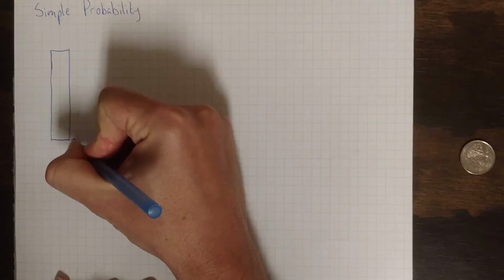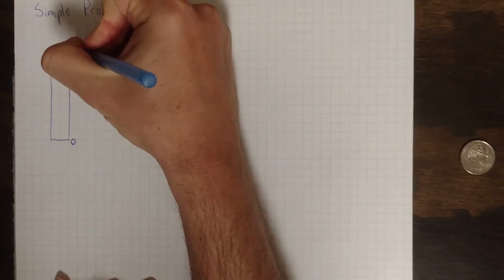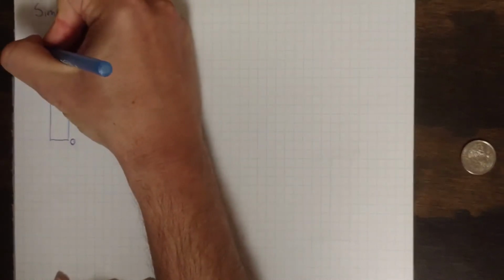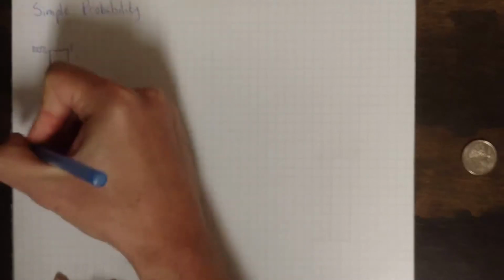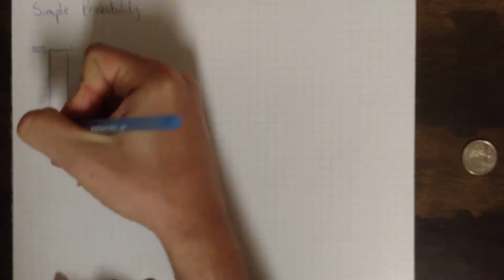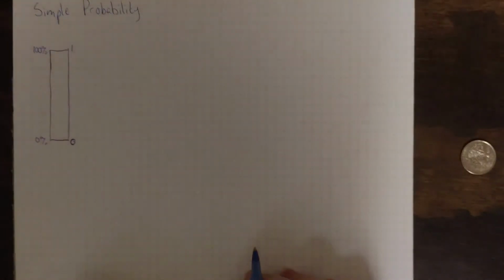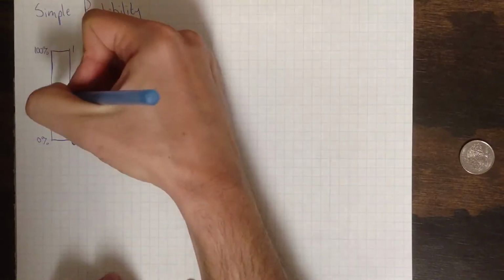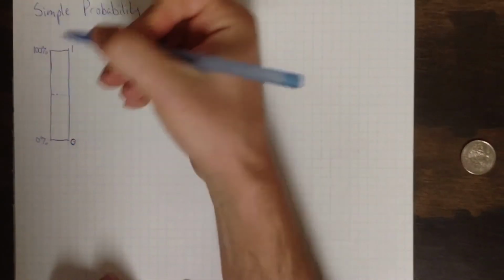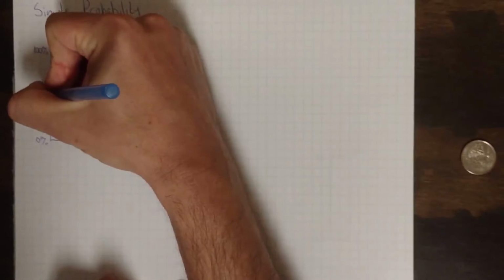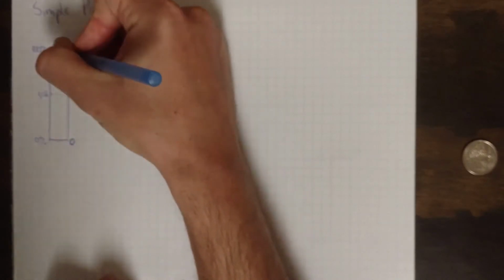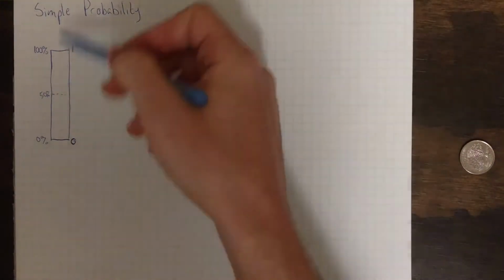So if we think about the bottom being 0 and the top being 1, this is the same as 100% or 0%, right? And so any number in between there can be a probability. And so when someone says, I have a 50-50 chance, they're saying, okay, well there's 50% that it could be heads, or 50% that it's going to be tails.